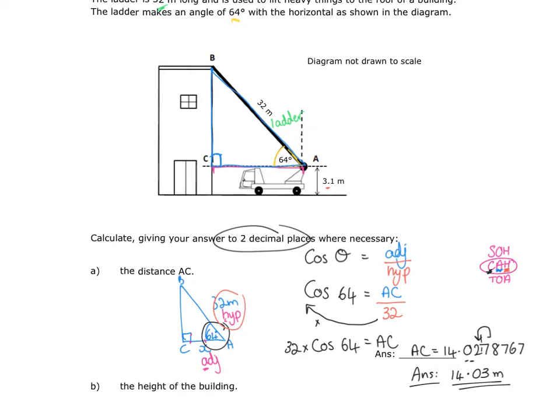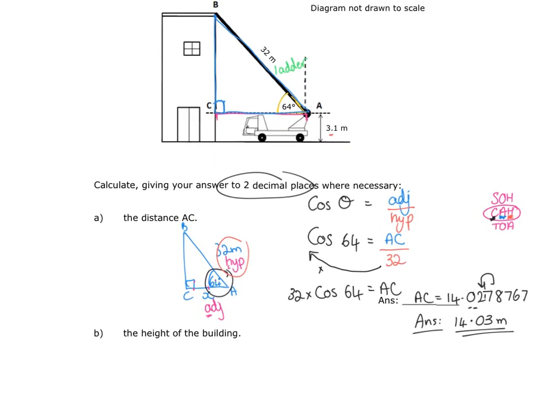We need to find the height of the building. So the height of the building, meaning all of this. To find all of that, first we have to find this part of the triangle and then add this part, and that part is the same as this, that is 3.1 meters.